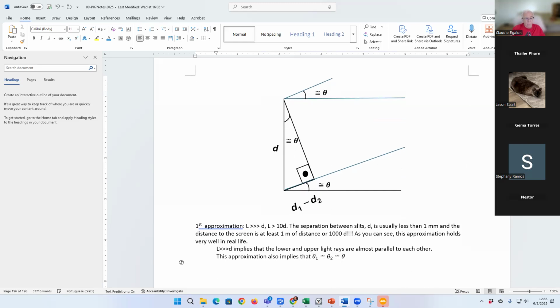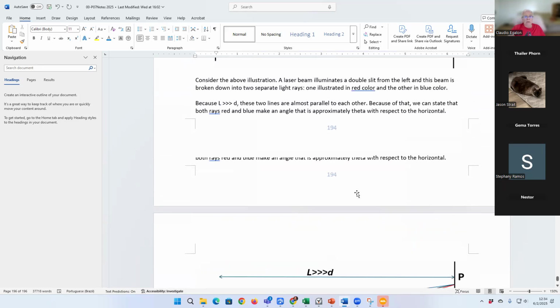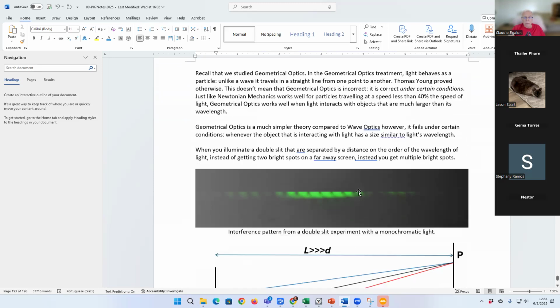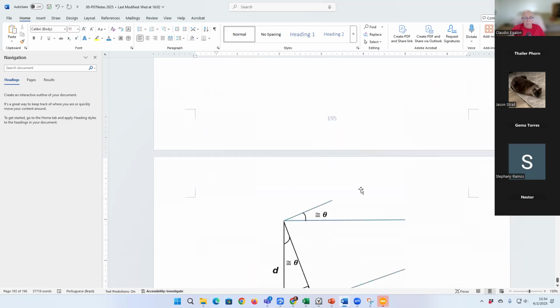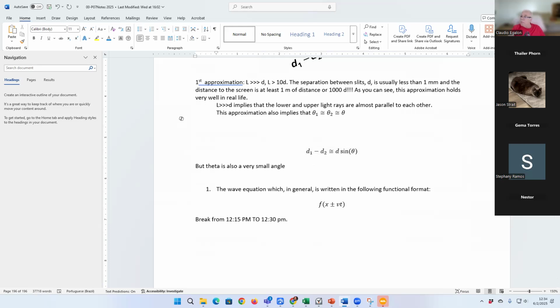Then, according to this approximation, we have the following relation.